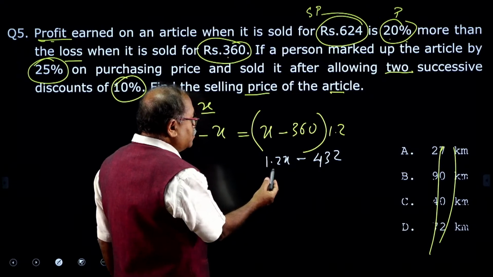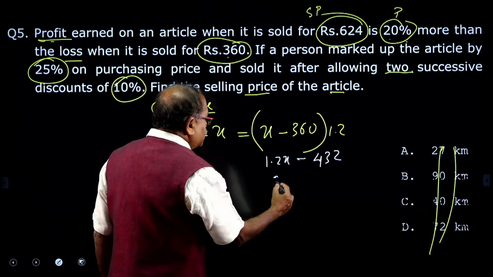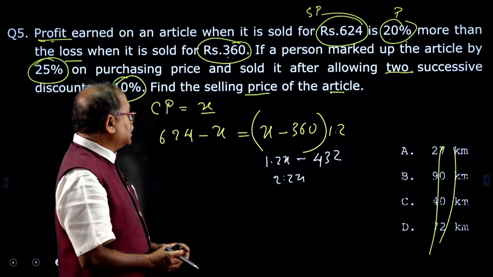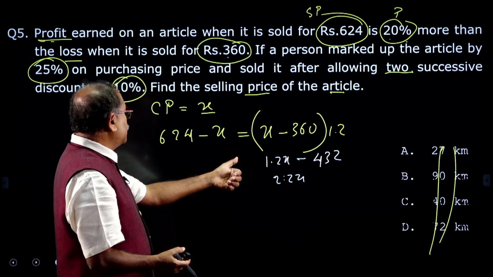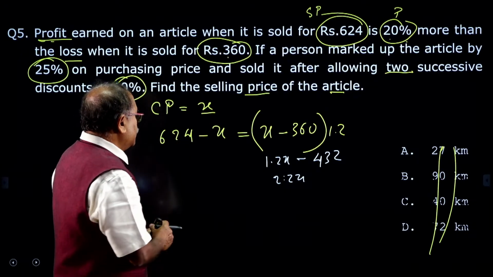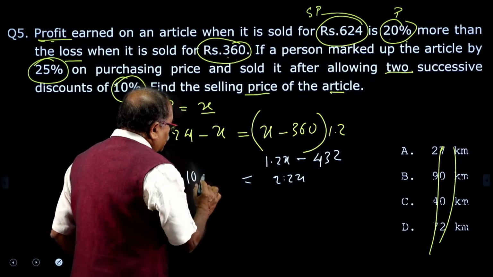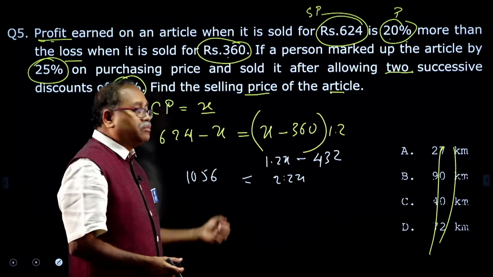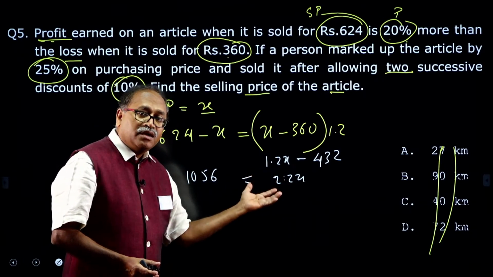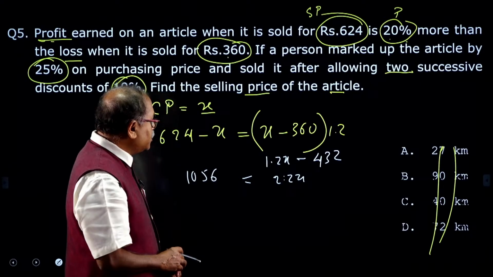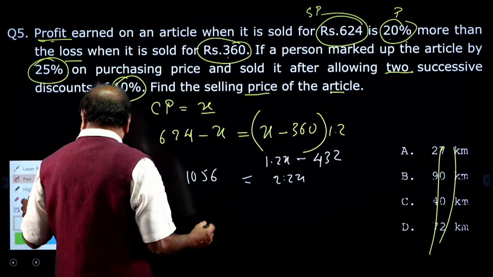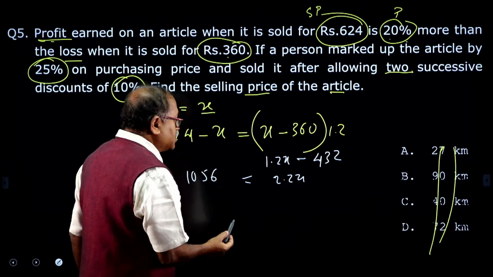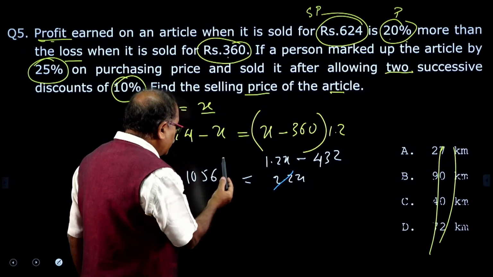When you are taking this, 2.2x is equal to, you will be adding this number on the other side, that is 1056. I notice that the number is getting cancelled by 11 and also by 2, that means it is getting cancelled by 22. Am I right? So, cancel it, my dear friends. How many times will it get cancelled? I will be getting the x value over here.